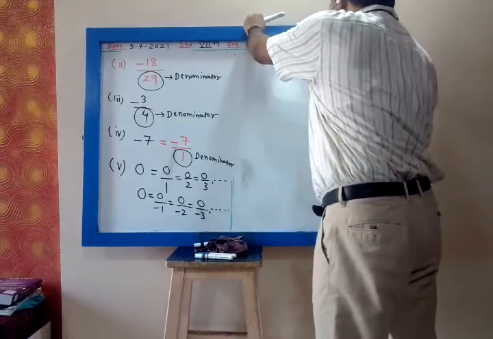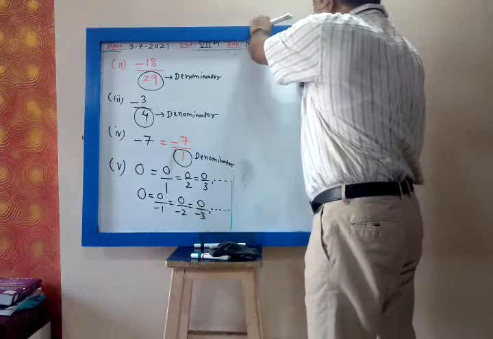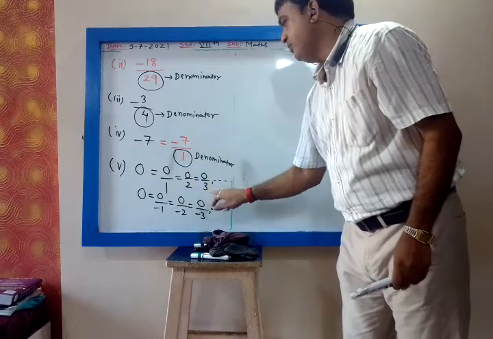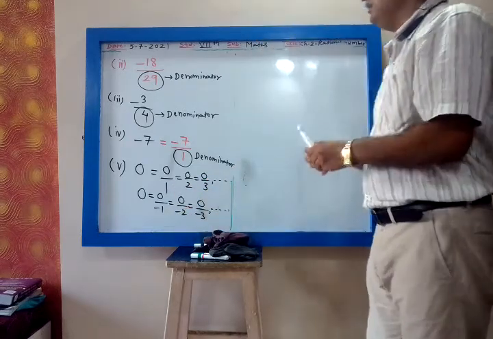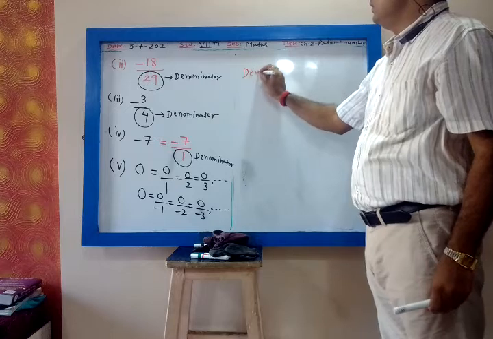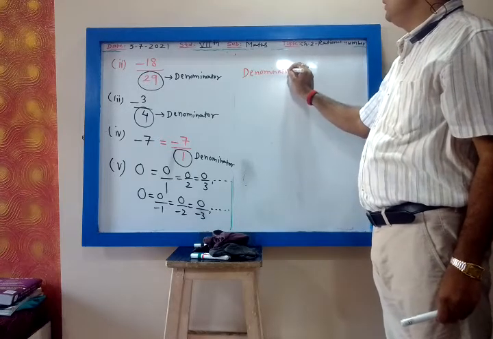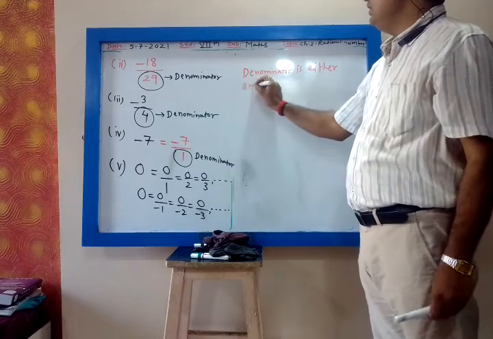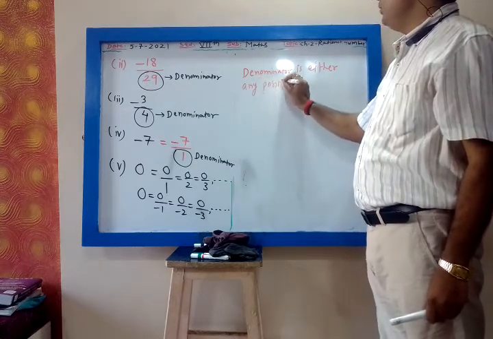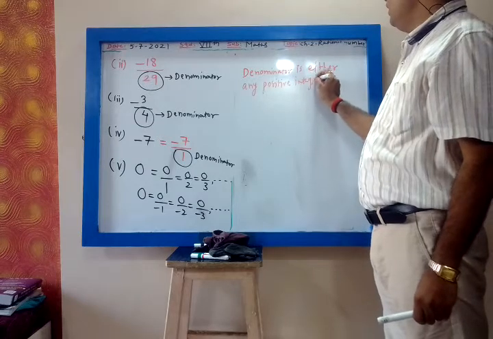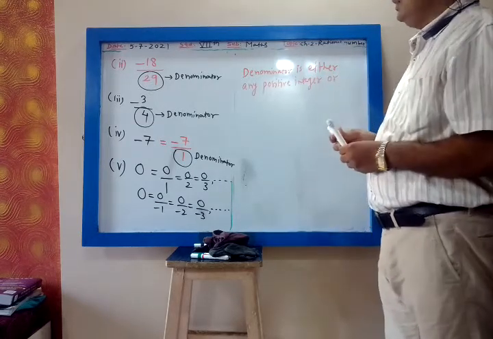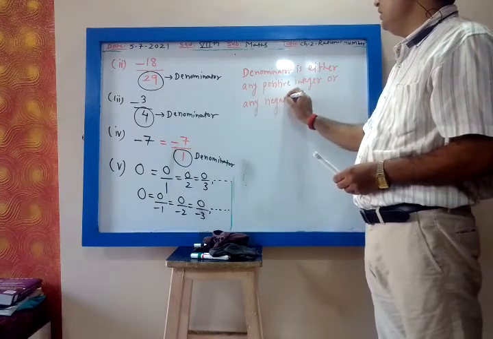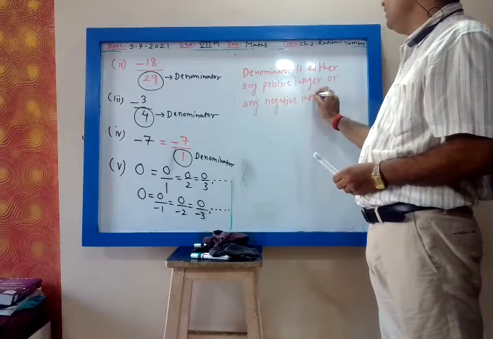Denominator can be any positive integer or any negative integer. 1, 2, 3 are all positive. Minus 1, minus 2, minus 3 are negative. So denominator is either any positive integer or any negative integer.